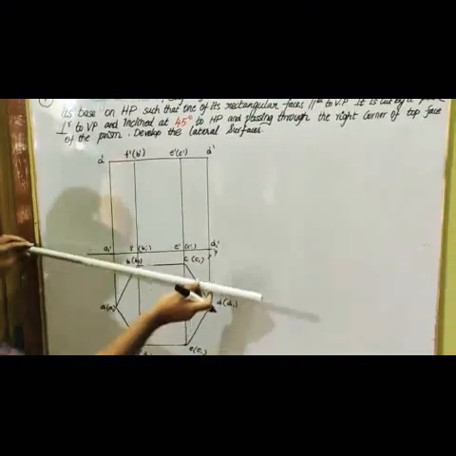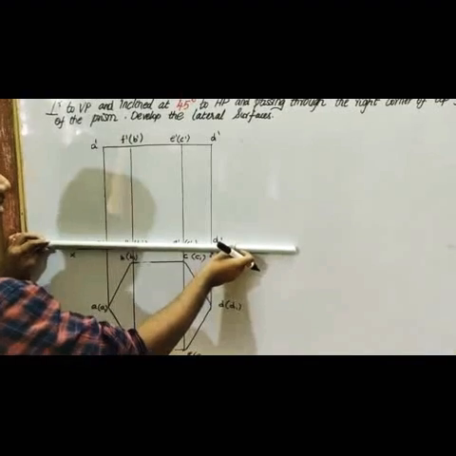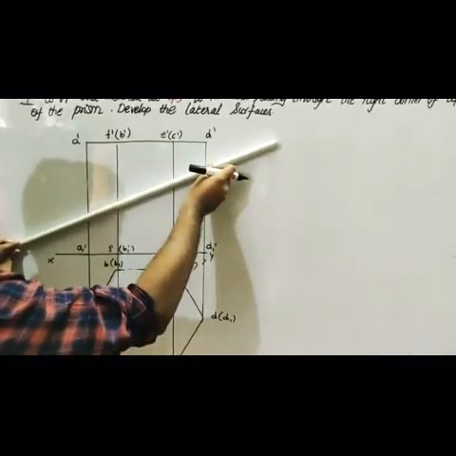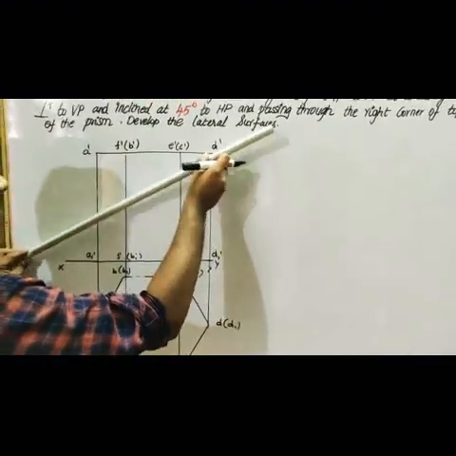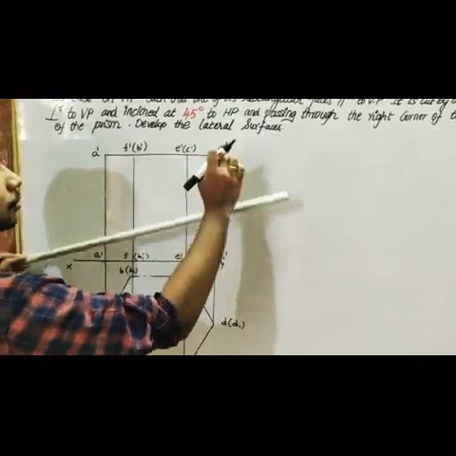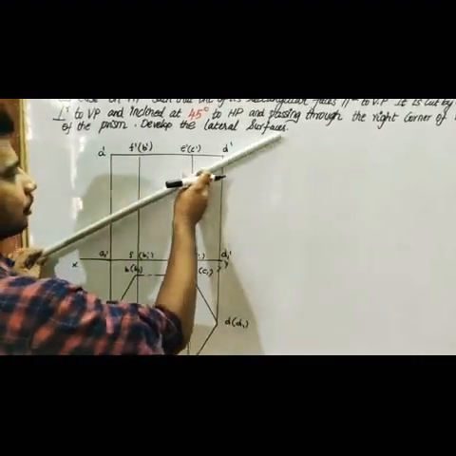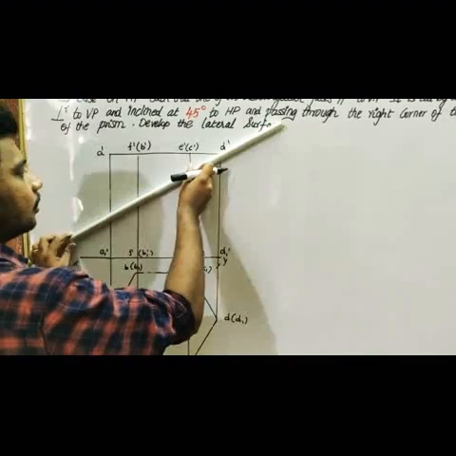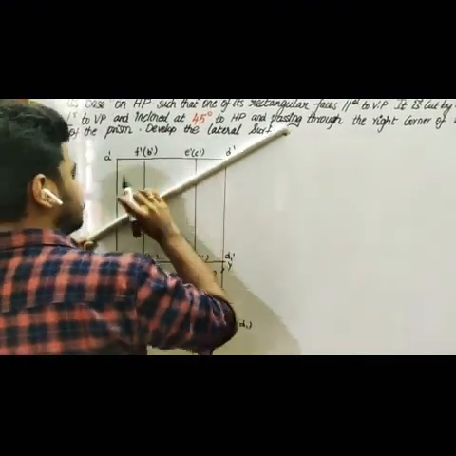So what I'm going to do now, from my XY line, I'm going to make an inclination of 45 degree. That 45 degree inclination should pass through this point. So I'm going to make an inclination of 45 degree and that should pass like this.